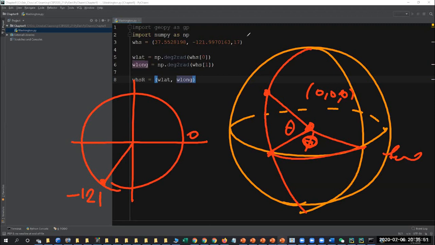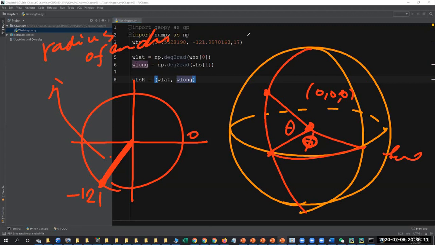So here I have this one, and the length of this one is the radius of Earth. So this is the radius of Earth.